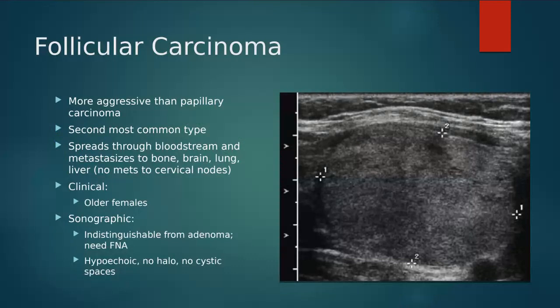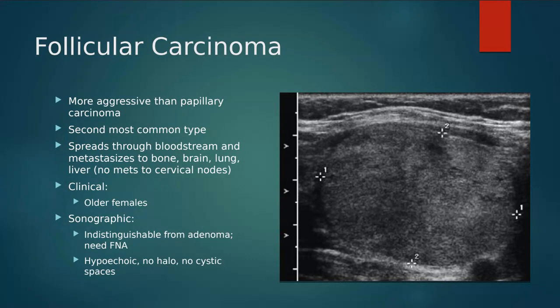Next, we have follicular carcinoma. So this is going to be more aggressive than that papillary. It's going to be the second most common type of thyroid cancer. It spreads through the bloodstream, and it metastasizes very easily to our bones, our brain, lungs, and liver. So strangely enough, it's not going to spread metastatically by the nearby lymph nodes like we expect other cancers to do.